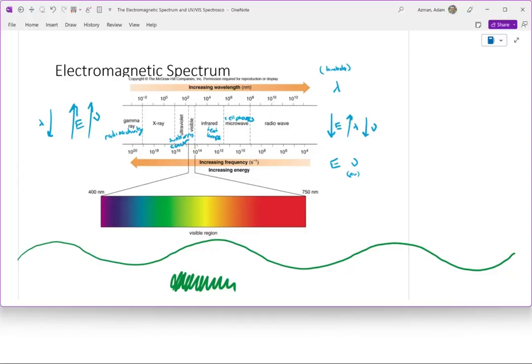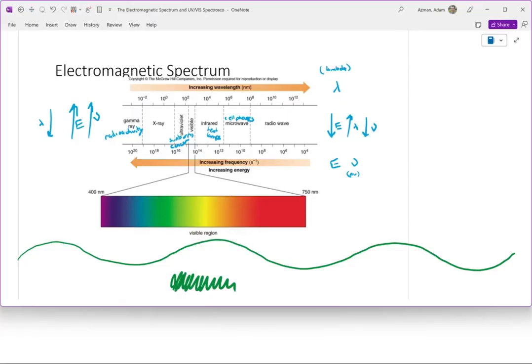And if you have a higher frequency, shorter wavelength, then it is higher in energy. So that's how you can remember it. Long wavelengths are low energy, short wavelengths are high energy. Low frequency is longer wavelength is lower energy. Higher frequency is shorter wavelength and higher energy. You have to be really comfortable with that relationship.